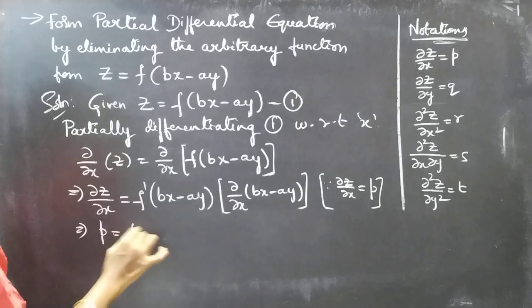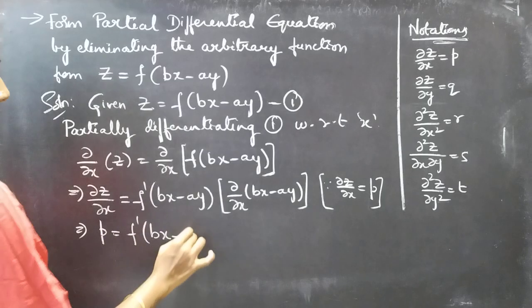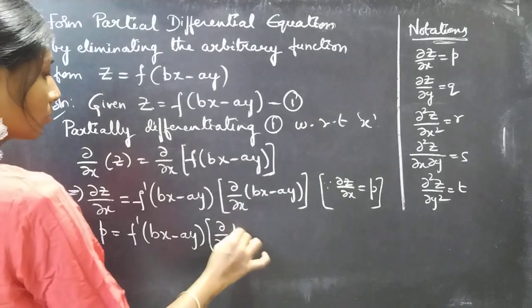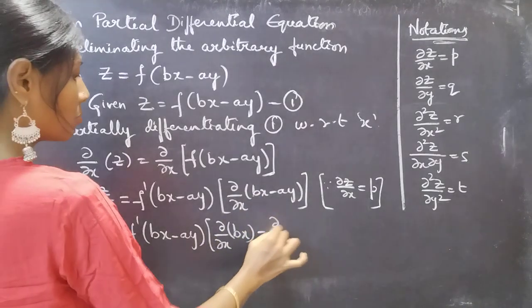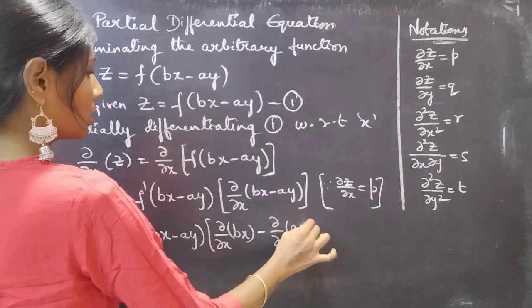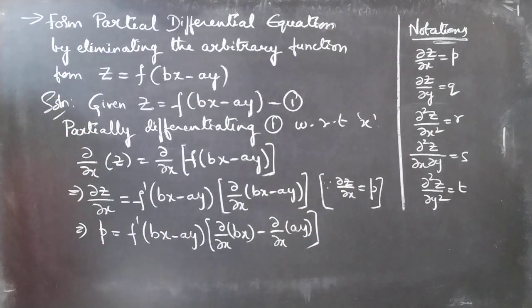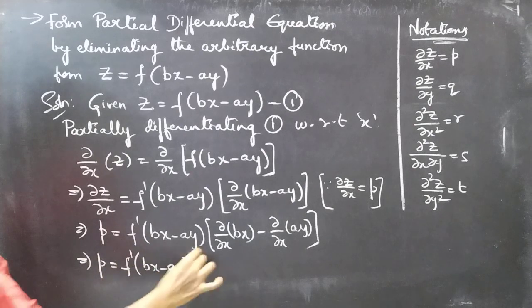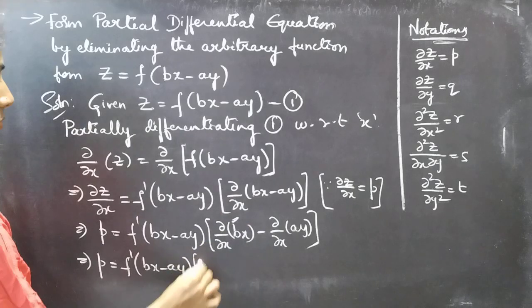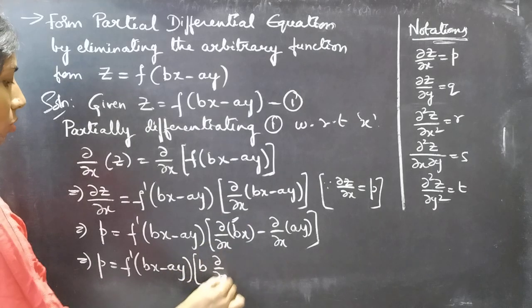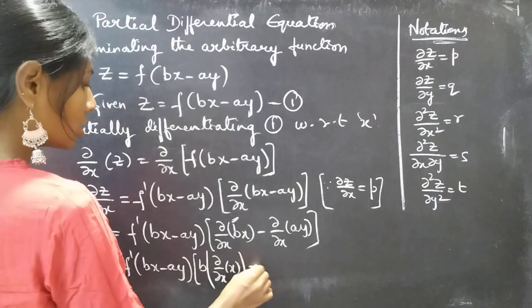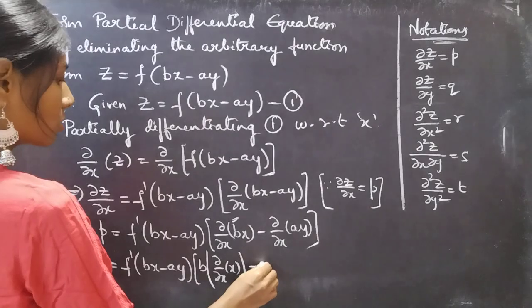We'll get p equal to f dash of bx minus ay into the partial derivative of the first term minus the partial derivative of the second term. Which gives us p equal to f dash of bx minus ay into, here b is constant, we'll write it as b into dou by dou x of x, minus the partial derivative of a constant with respect to x, which is 0.